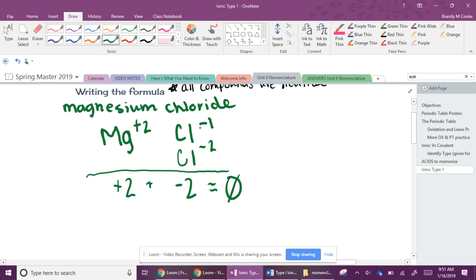So this tells me that I have 2 chlorines and 1 magnesium. So MgCl2. And we don't write the 1, that's just redundant because obviously the symbol is there, so there has to be at least 1. So we only write it if there's more than 1.